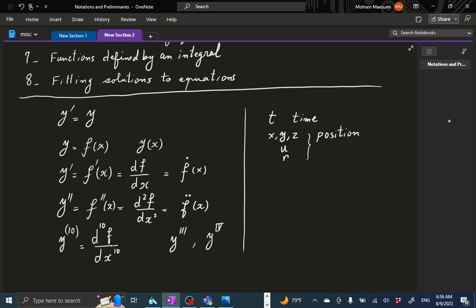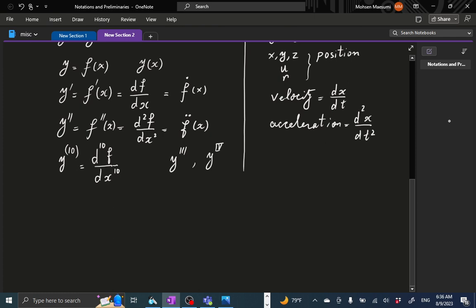And then the derivatives of these quantities with respect to time, you remember, indicate velocity, for example dx dt or dy dt or dz dt or any of them. And then you remember acceleration was the second derivative, d2x dt2, and so on.